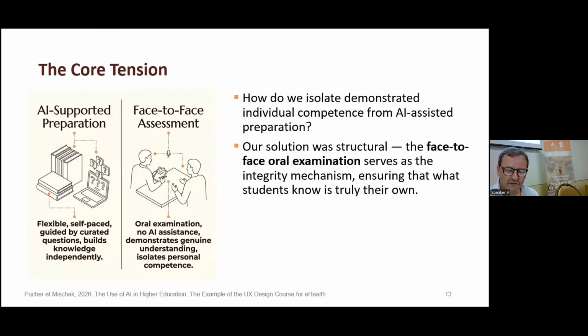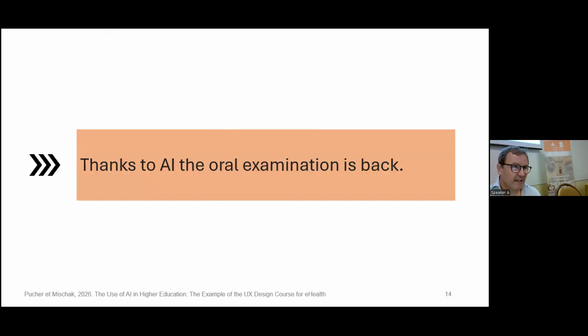And the good news are, thanks to AI, the oral examination is back. And I'm very fond of oral examinations, and I want to remind you of the dialogue between the teacher and pupils referring to Socrates. And I think it is the gold standard in education to have oral examinations.